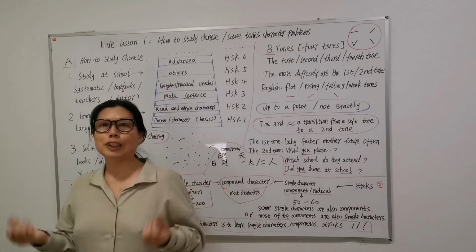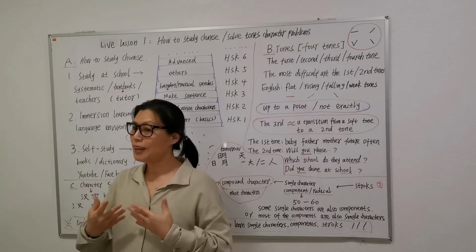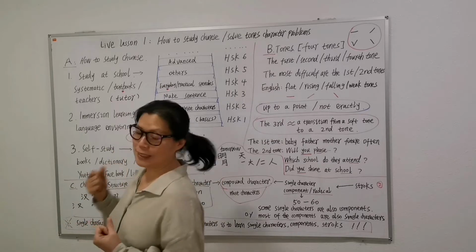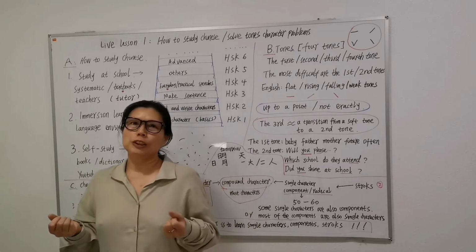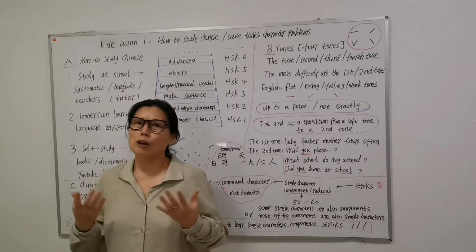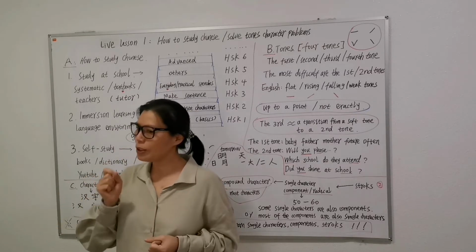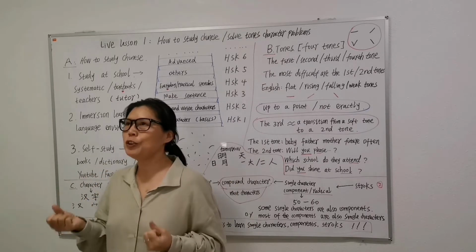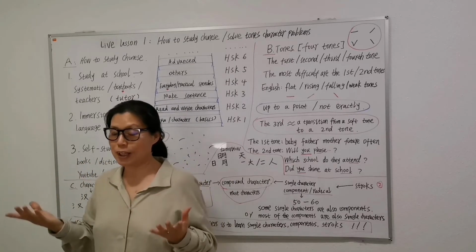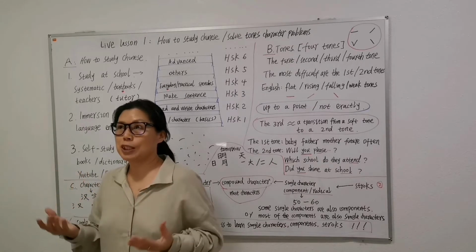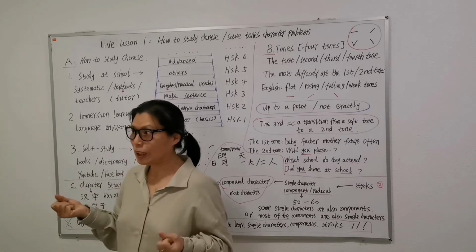Or you attend some teachers' live class, just like today you attend my live lesson class. I know you are confused. You don't know how to go on, how to carry on. But I tell you, even if you self-study, you still can get a systematic way to learn Chinese.